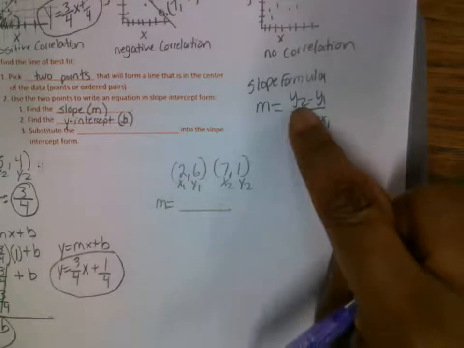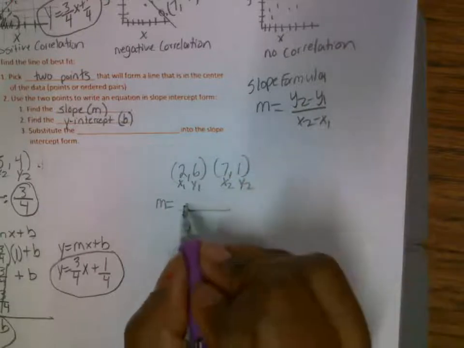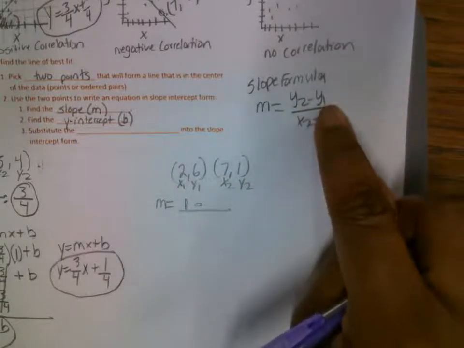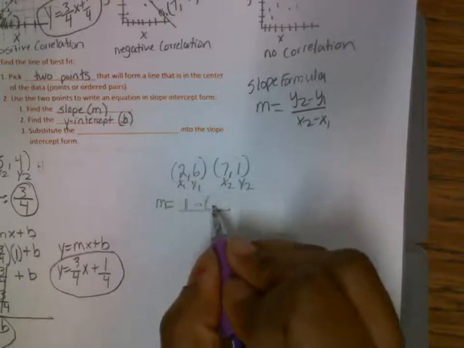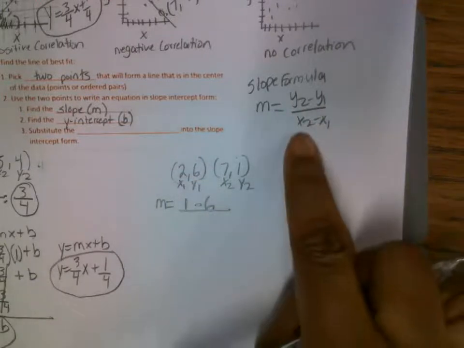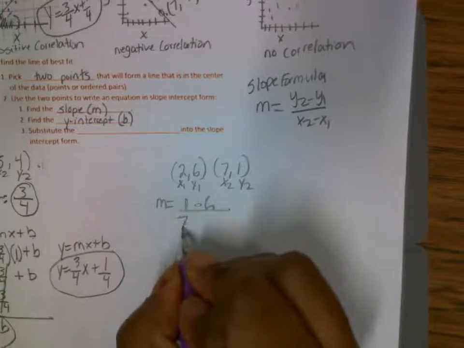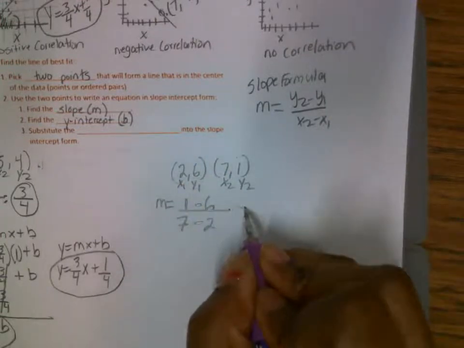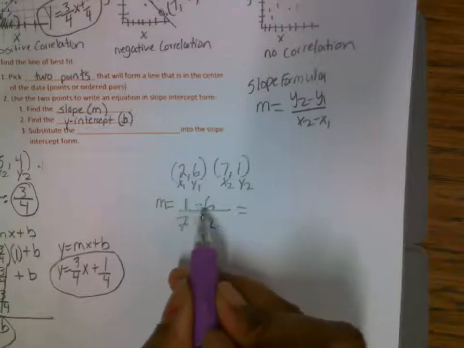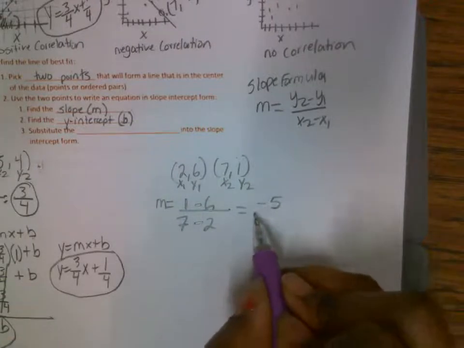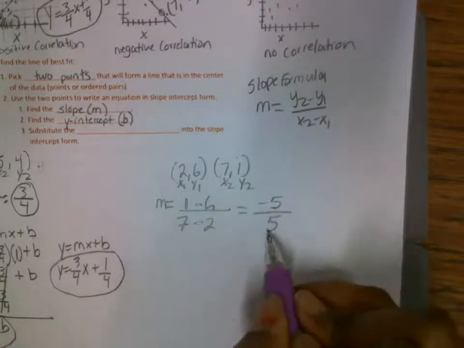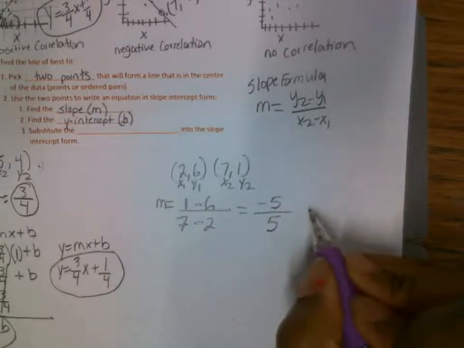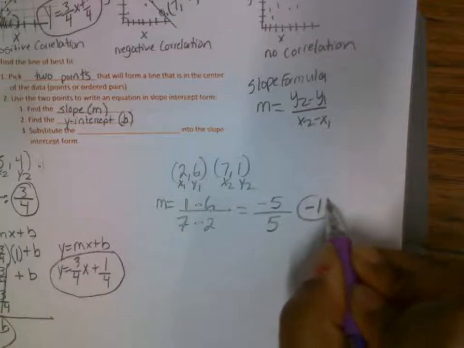Your y2 is 1. Minus is a part of the formula. Your y1 is 6. Your x2 is 7. Minus your x1 is 2. So on the top, this is going to give me a negative 5. And on the bottom, this gives me a positive 5. So your m here is going to be a negative 1.